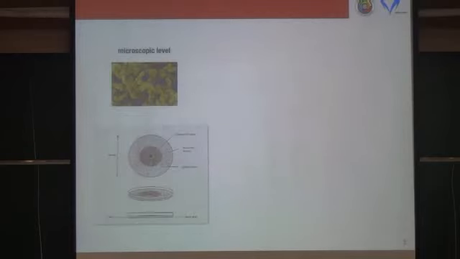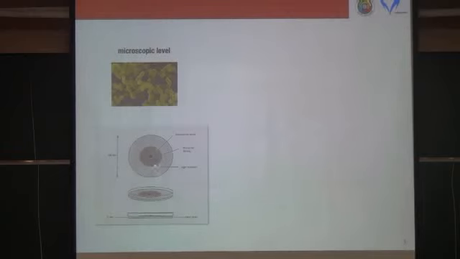Okay. And then, if you look at bacteria at a microscopic level, this is a kind of experiment. This is a petri dish, and this is agar, including nutrient homogeneously, and we put some, not a point, but we say point inoculation on the surface of the agar.